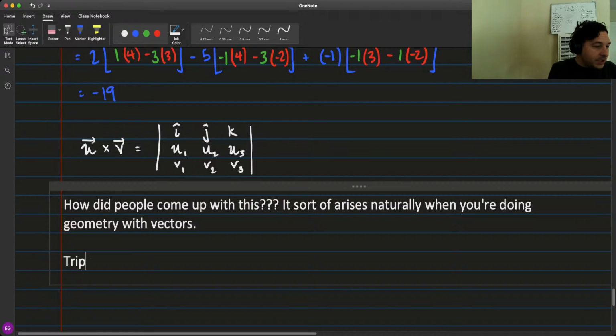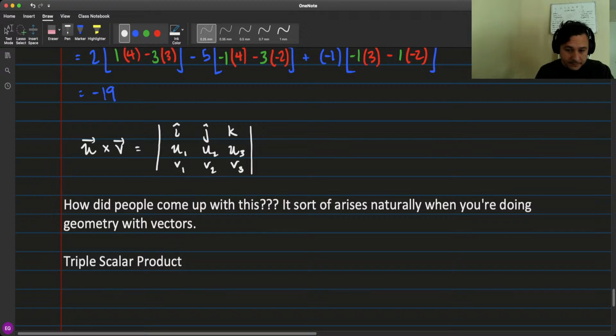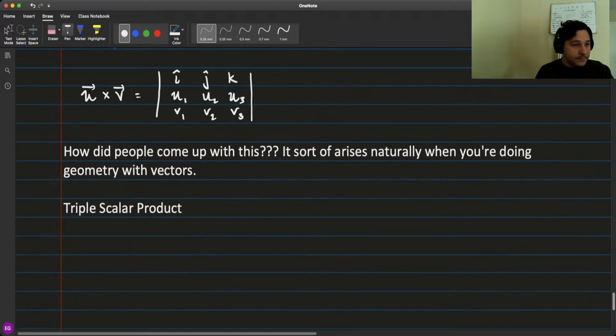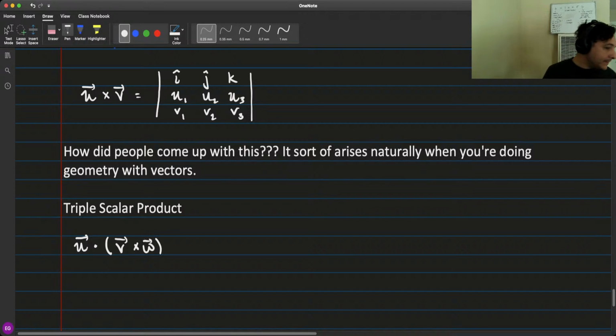There's something called the triple scalar product. The triple scalar product is when you have a vector u dotted with v cross w. So you have the dot product and the cross product.